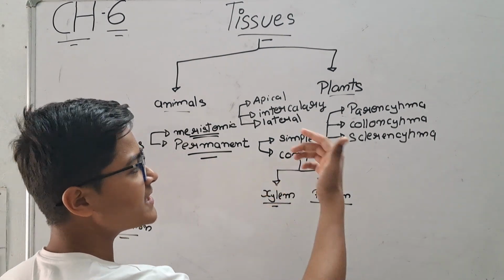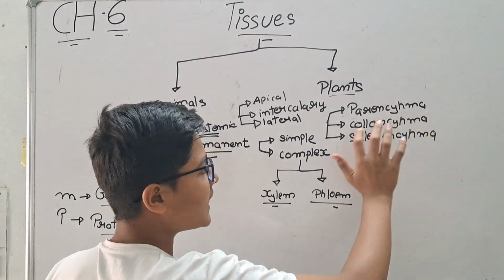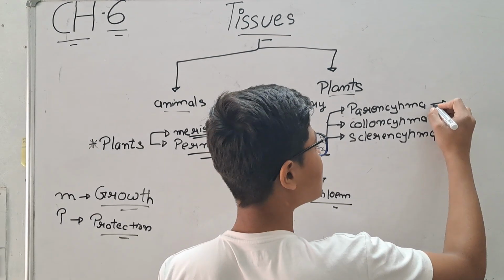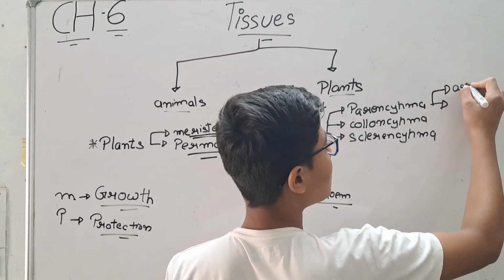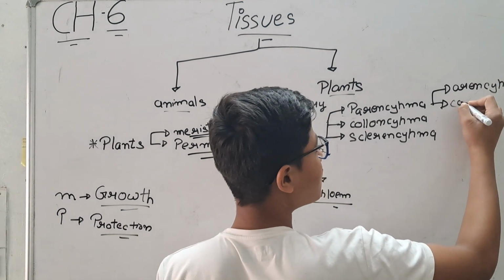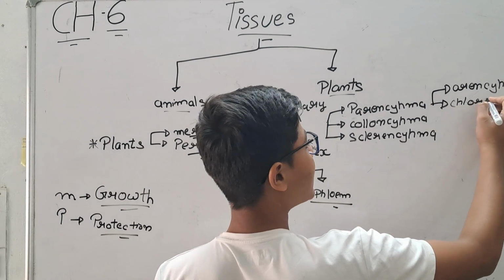There is another division in simple and complex. In simple there are three types: parenchyma, collenchyma, and sclerenchyma. There are also two types of parenchyma: parenchyma and chlorenchyma.